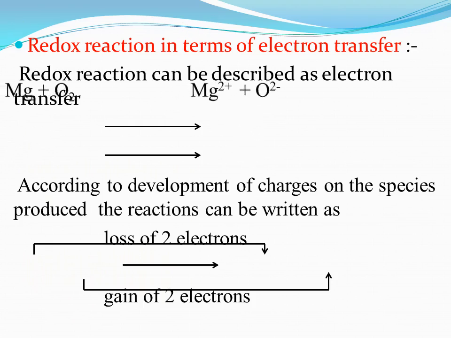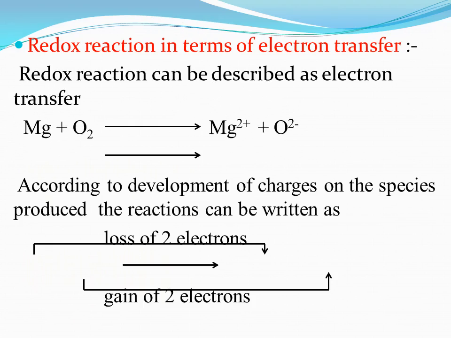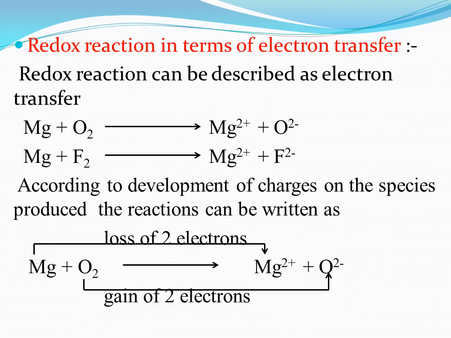First example, Mg plus O2 produces Mg2+ plus O2-. Second example, Mg plus F2 produces Mg2+ plus 2F-. According to development of charges on the species produced, the reaction can be written as seen on the screen.